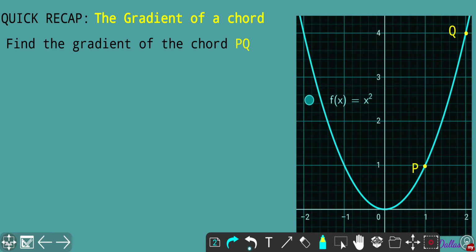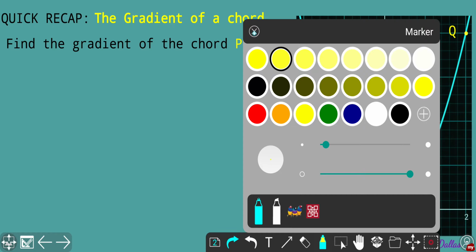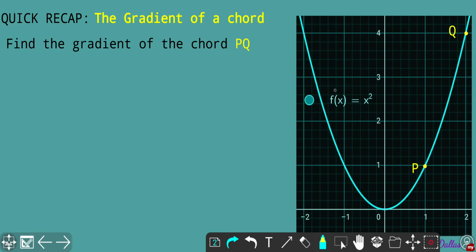Okay, so it's the right time to quickly recap the gradient of the chord. So what do you need to do? You need to find the gradient of the chord PQ. First, let's set up the coordinates for P. It's (1, 1). For the point Q, we have (2, 4).